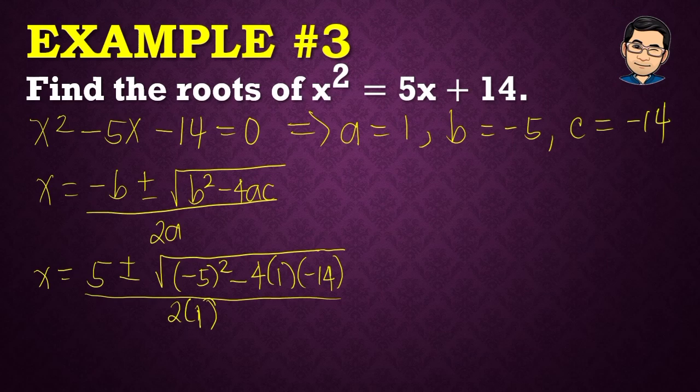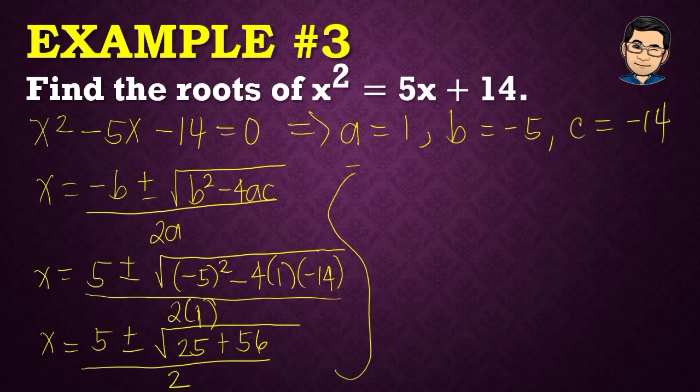Next, 5 plus minus the square root of negative 5 squared, 25. Negative 4 times 1, negative 4 times negative 14, that is positive 56. All over 2.